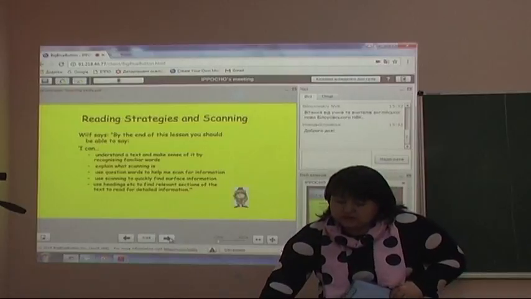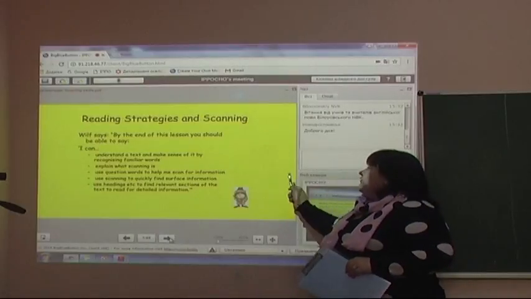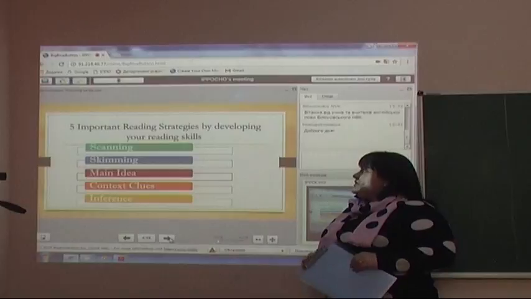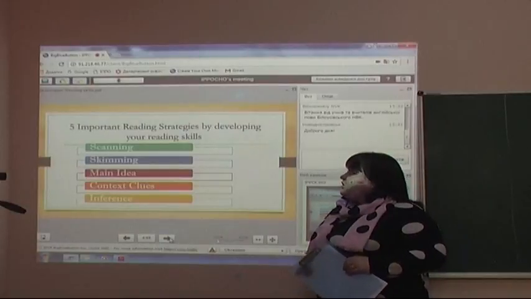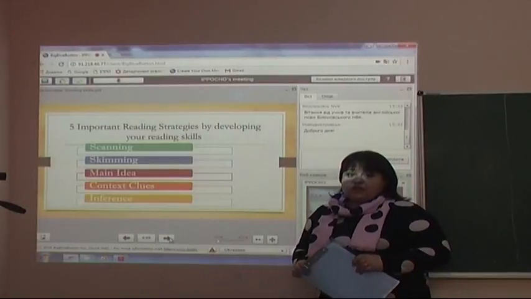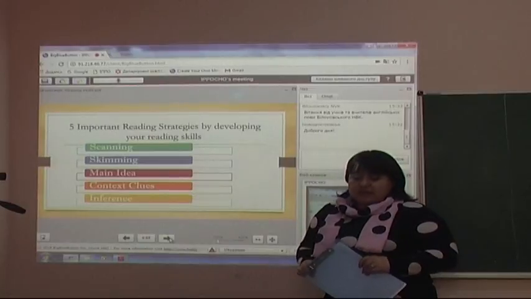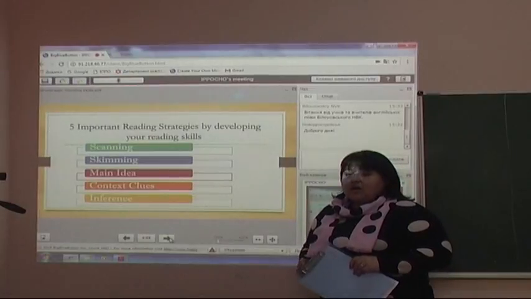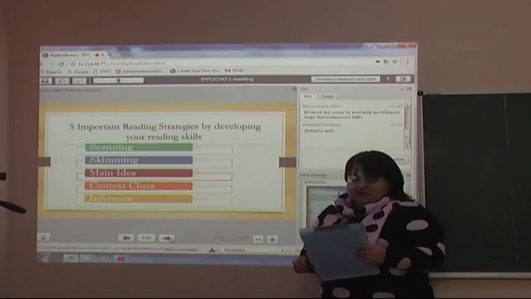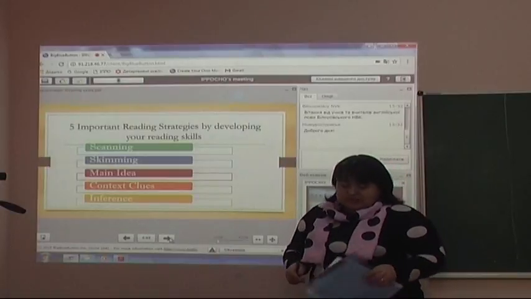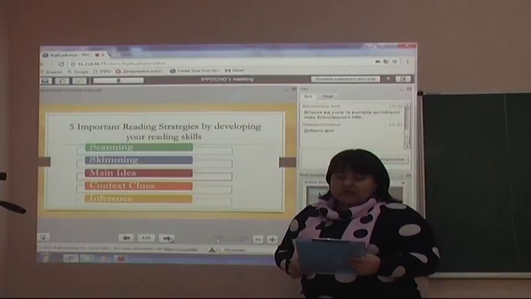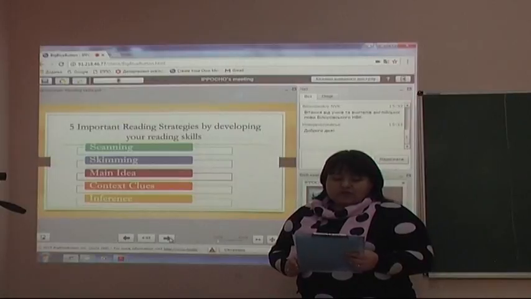And let's define five most important reading strategies by developing your reading skills. It's scanning, skimming, main idea, context clues, and inference. To read a text or other information, we need a large vocabulary.